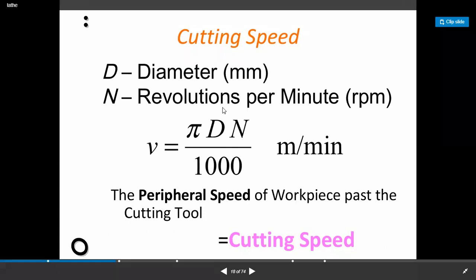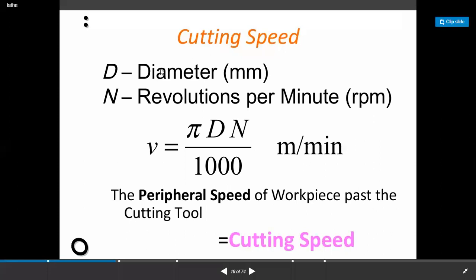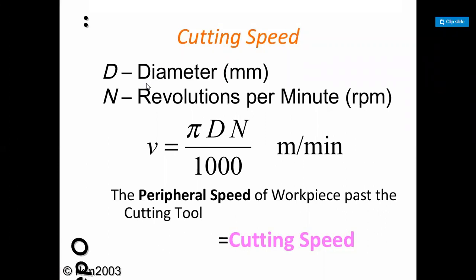Students, is it clear? So cutting speed is equal to pi d n upon 1000, and in that d is the diameter of the workpiece and n is the revolutions per minute. d is the diameter in mm and n is the revolutions per minute of a job. Just speed ला तुमचा job rotate होतोय. What are the RPMs there?